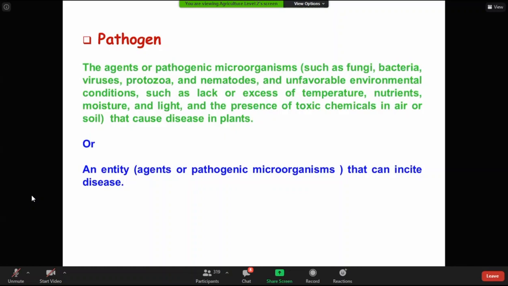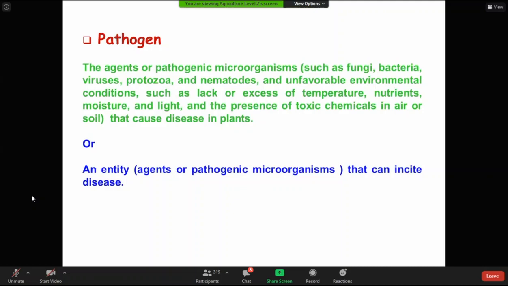In other words, the agents or pathogenic microorganisms such as fungi, bacteria, viruses, protozoa, and nematodes, as well as unfavorable environmental conditions such as lack or excess of temperature, nutrients, moisture, light, and the presence of toxic chemicals in air or soil that cause disease in plants, we call pathogens. Clear?